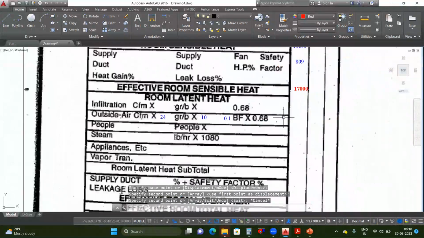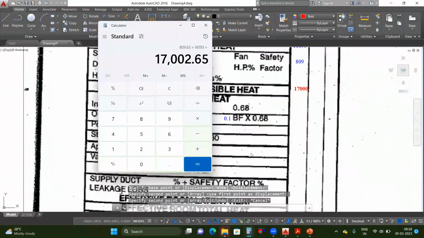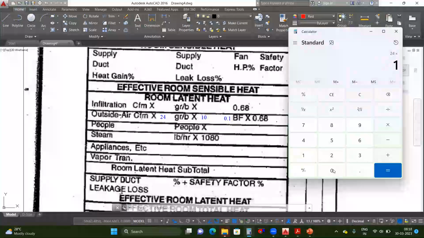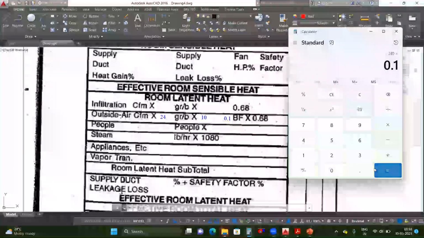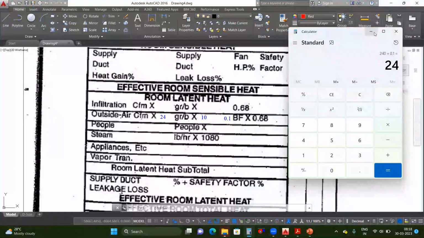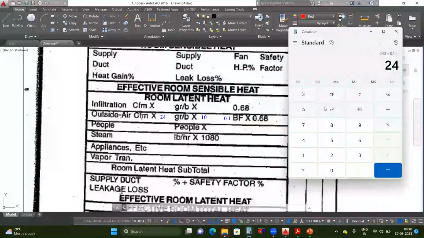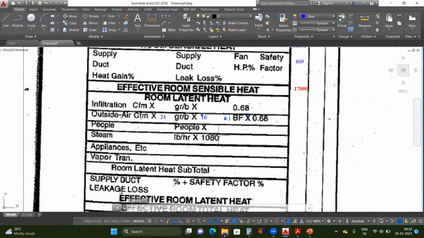So when we multiply, we can get the value: 24 CFM multiplied by 10, by 0.1, and into this 0.68. So it is 16.32, so I'll write it as 16.